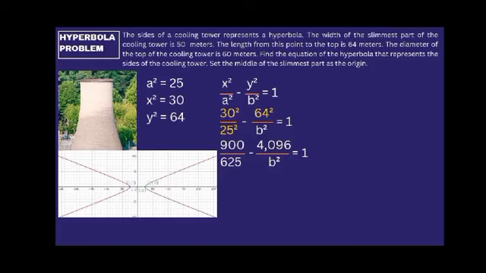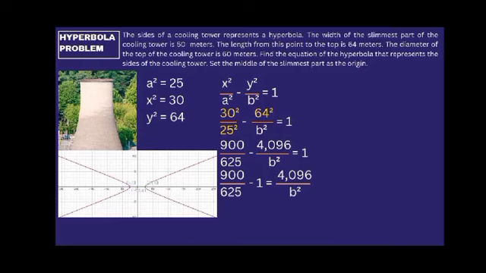With this, we can use the formula 900 over 625 minus 4096 over b squared is equal to 1. Next, we derive the formula to get the value of b squared, which will be 900 over 625 minus 1 is equal to 4096 over b squared.